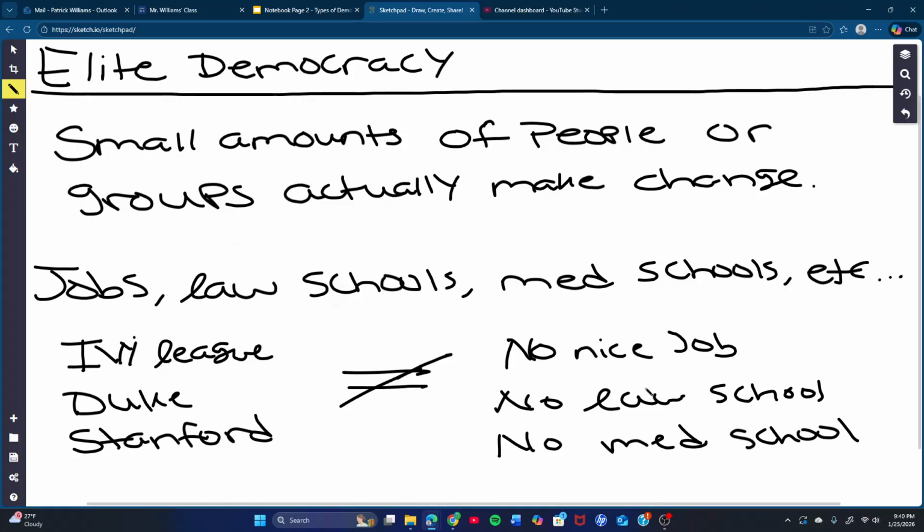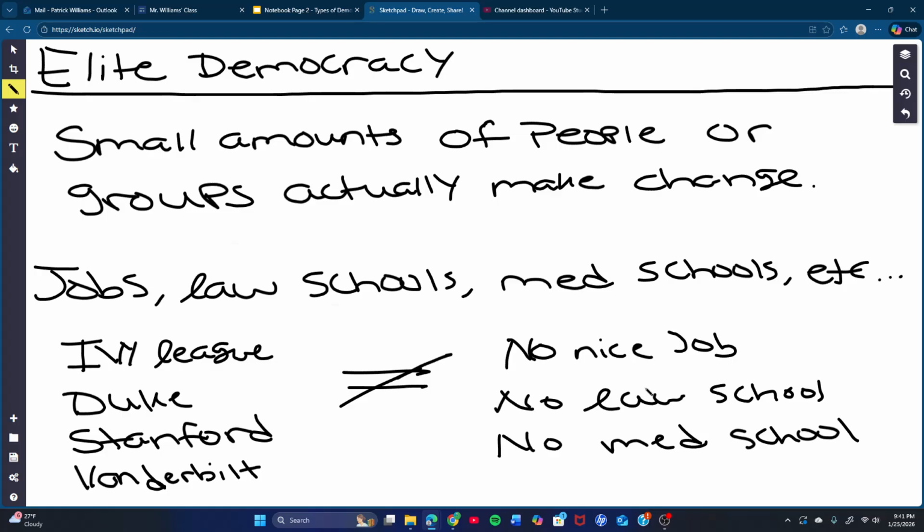If you don't go to the Ivy League, the 8 schools like Harvard, Yale, Brown, Princeton, Columbia, etc., you don't go to Duke, you don't go to Stanford, you don't go to a Vanderbilt, these are all Ivy adjacent schools, right? Well, then you're not going to go to law school. I'm not going to let you into med school. I can't let you have a nice job.